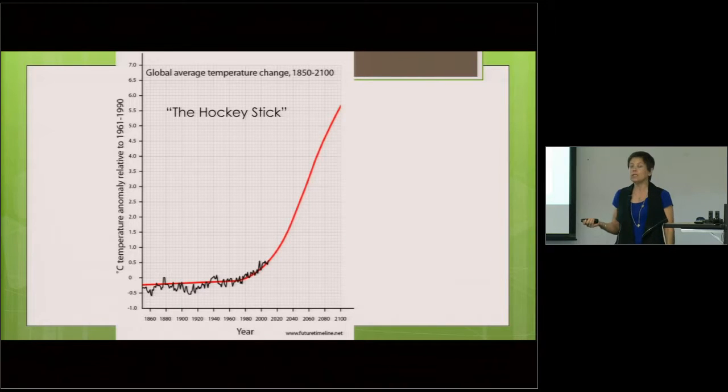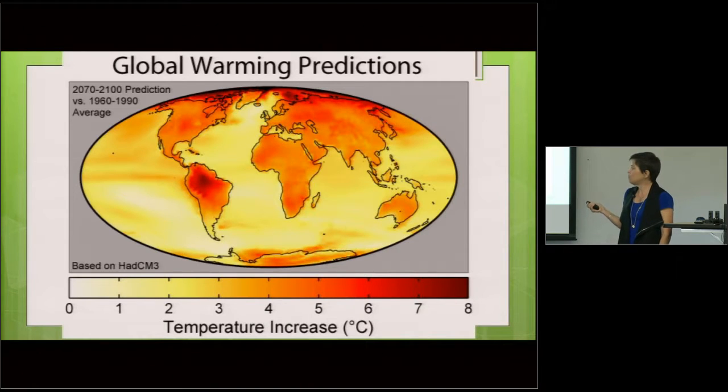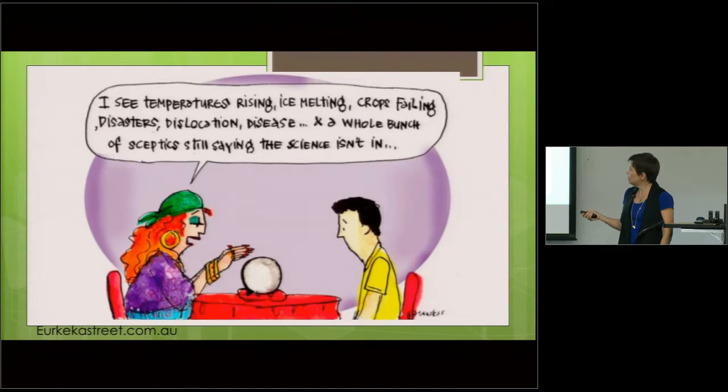Okay, so you may have seen the hockey stick prediction with temperature skyrocketing out to 2100. Or you may have seen maps like this showing temperature increase out to 2100 over the whole globe. But how do scientists come up with these predictions?